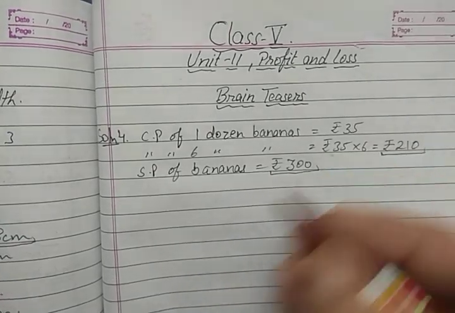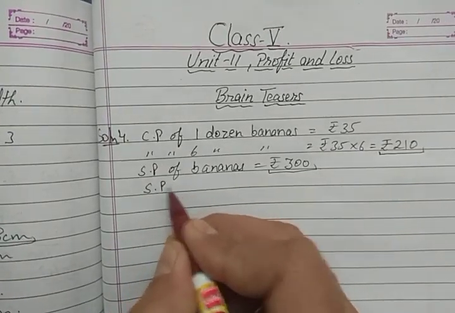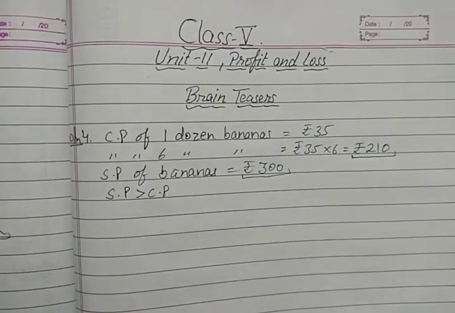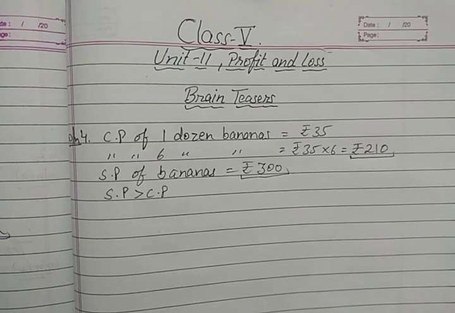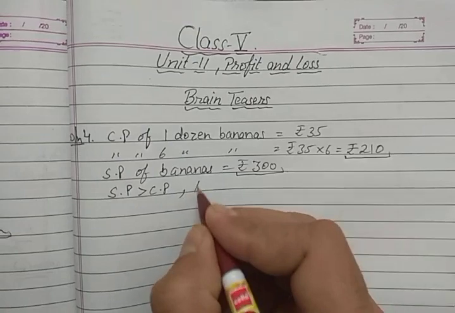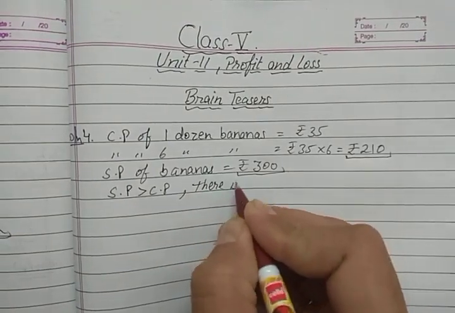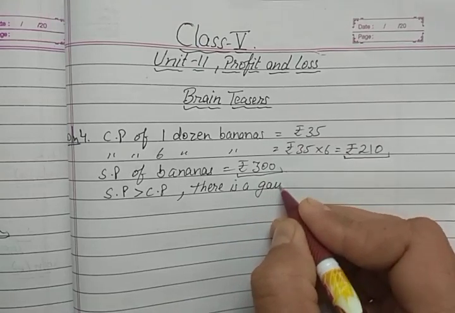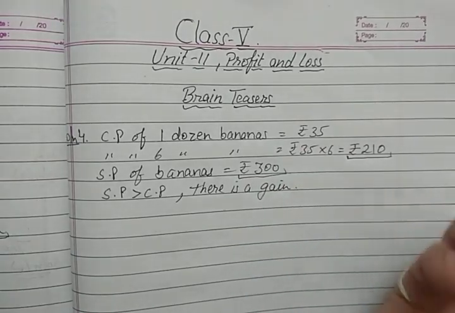So here selling price is greater than the cost price. So that means there is a profit. When selling price is greater than the cost price, that means there is a profit. So that means there is a gain. So here in question, gain is asked. Then how much?